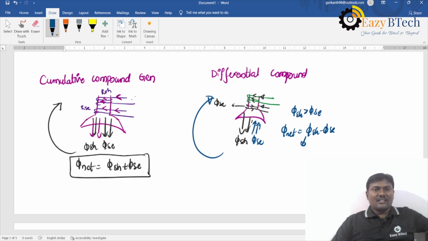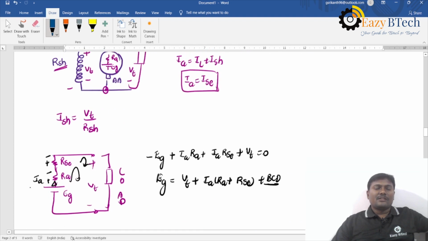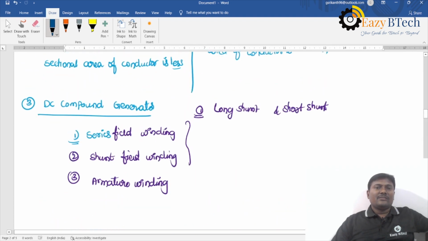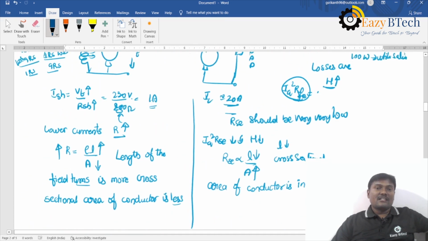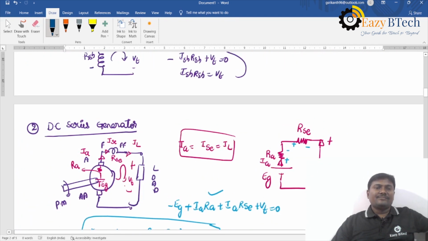In this lecture, I am teaching different types of DC generators. Self-excited DC generator, separately excited DC generator. The field winding is separately excited by an external source. That's why it is called a separately excited DC generator.